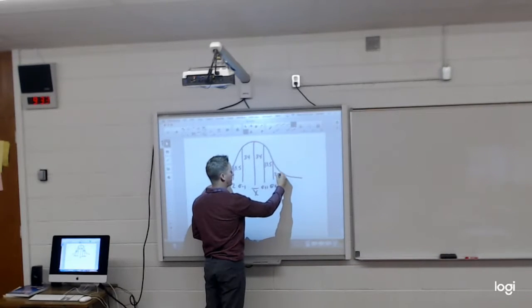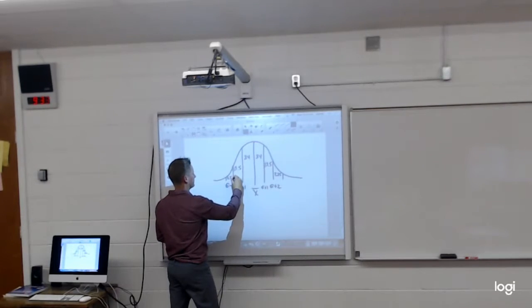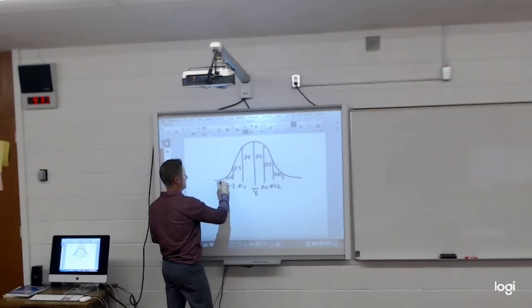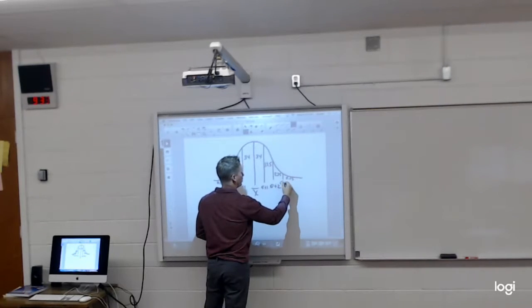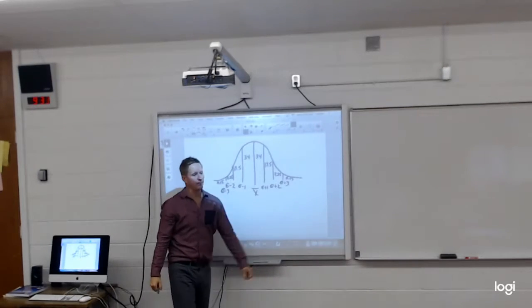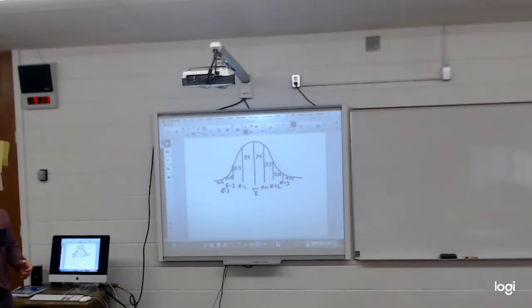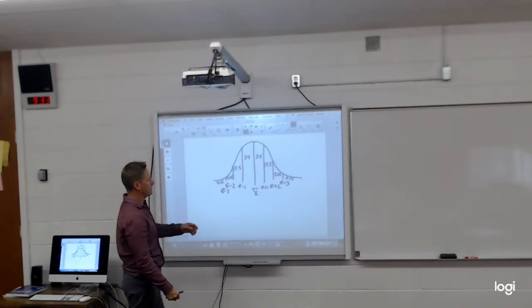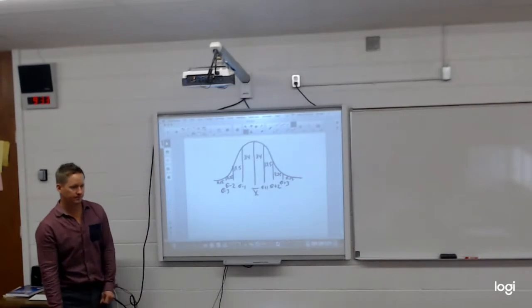This is 2.35, and this is 2.35. And finally, on the outside, 0.15 and 0.15. 0.15% of your population or your data, whatever it is that you're studying, should be greater than 3 standard deviations of your average. Okay?